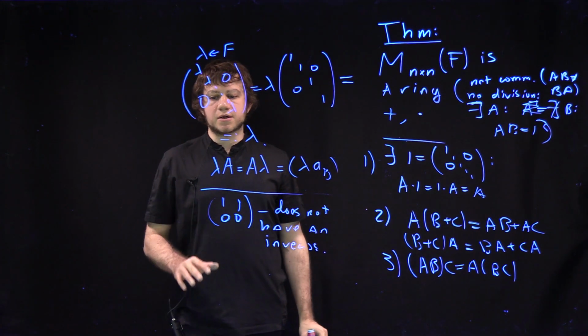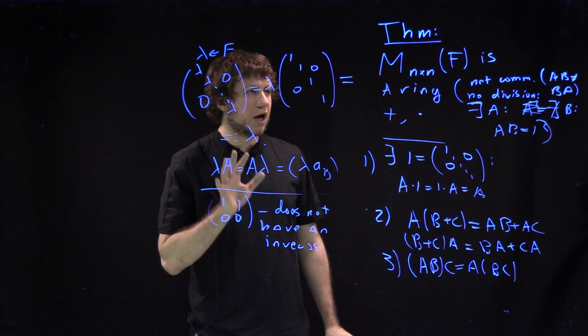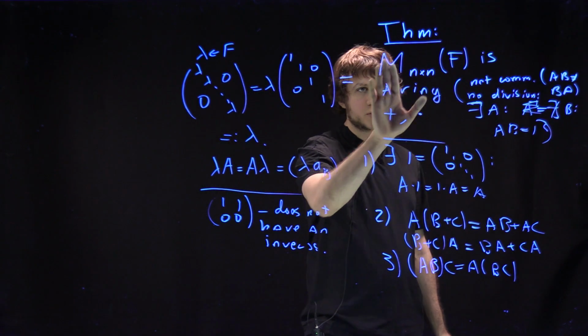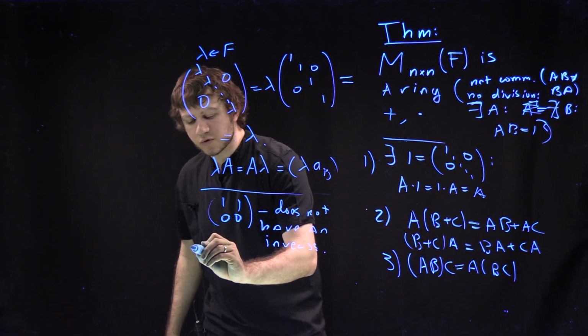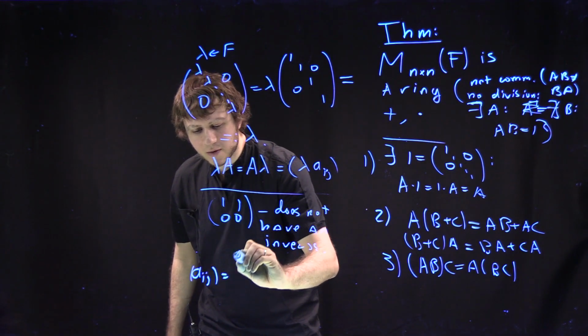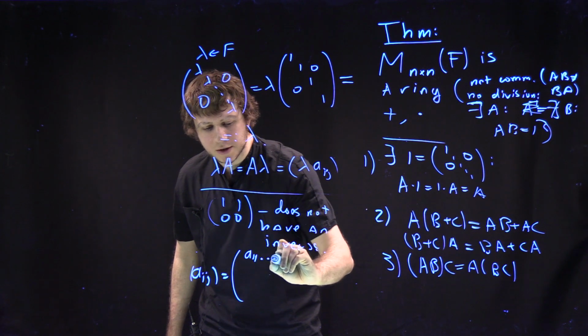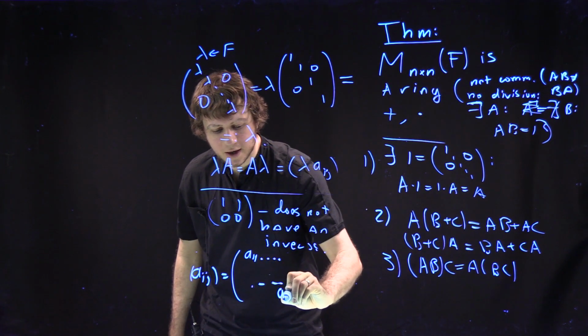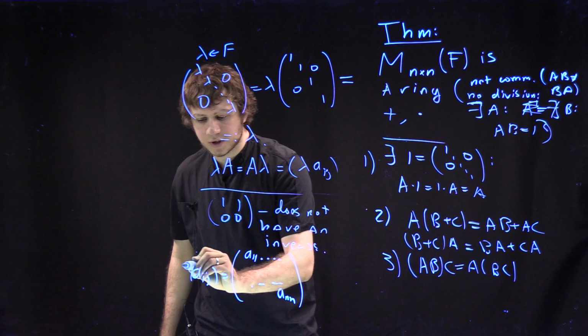Okay, then one can ask, suppose you have a matrix. First, the inverse makes sense only for square matrices. So suppose you have a square matrix A with entries a_ij, from a_11 up to a_nn.